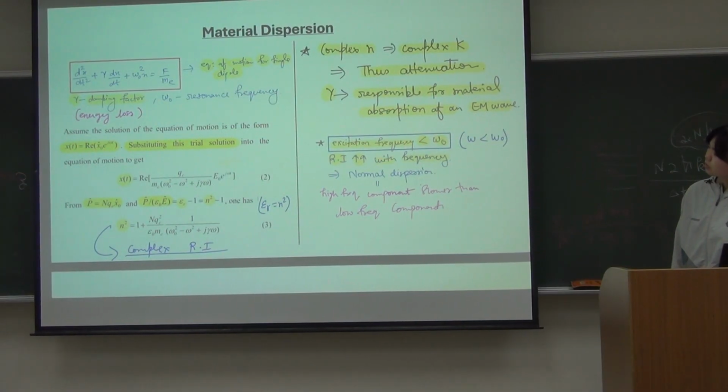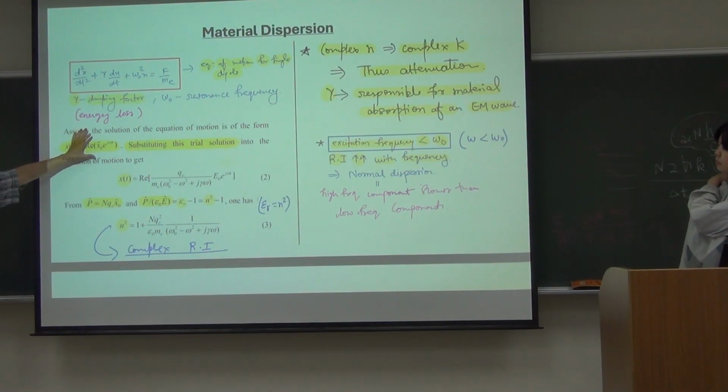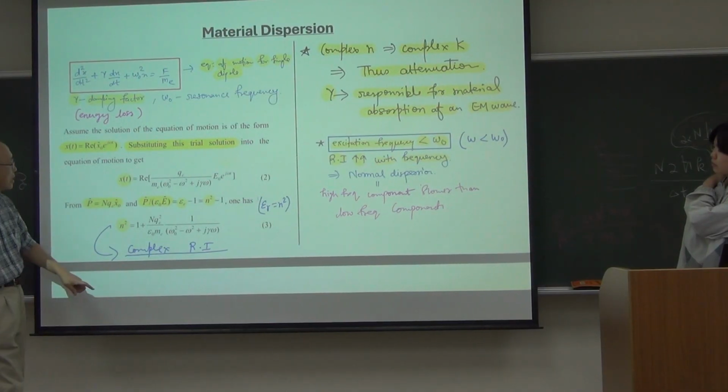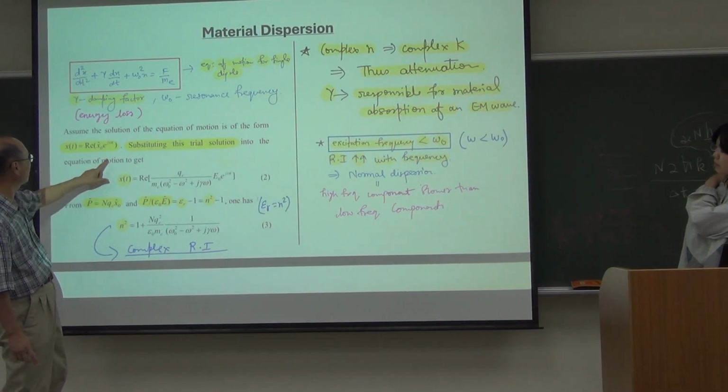All right. Let me put in a harmonic function. At the very beginning of this class, I told you that if I want to know the transfer function of a linear system, I put in the unit harmonic function. This time, yes, I put in a harmonic function.